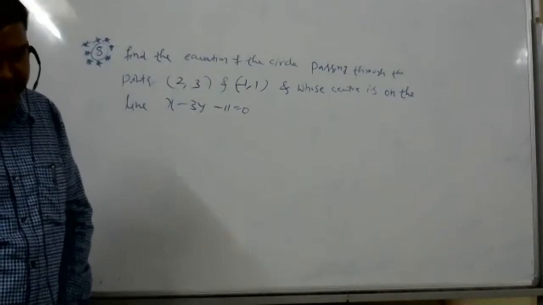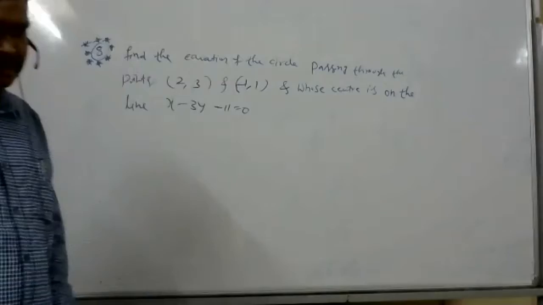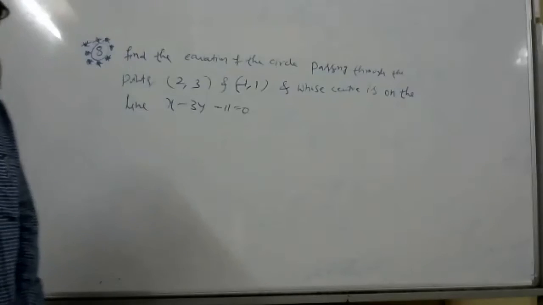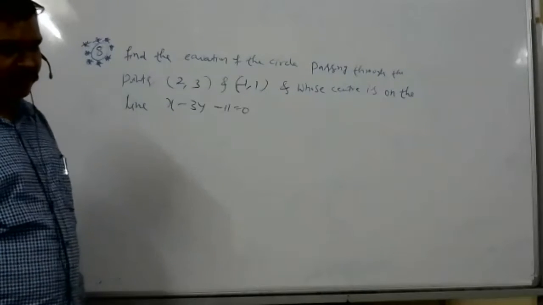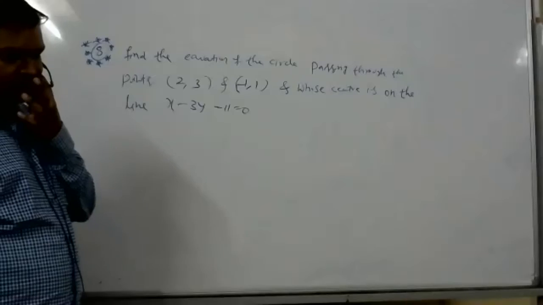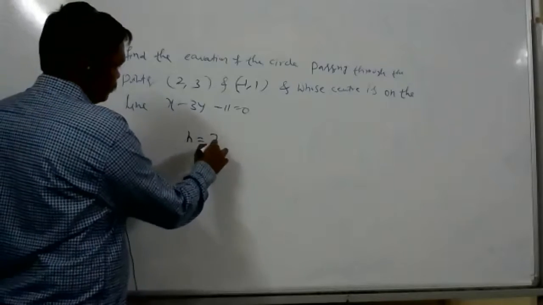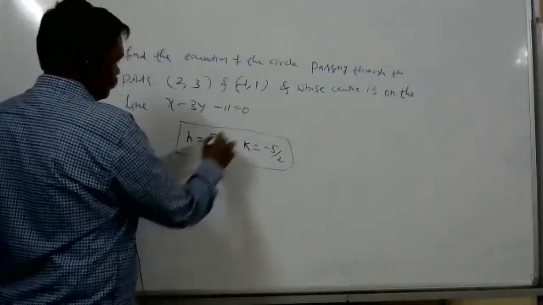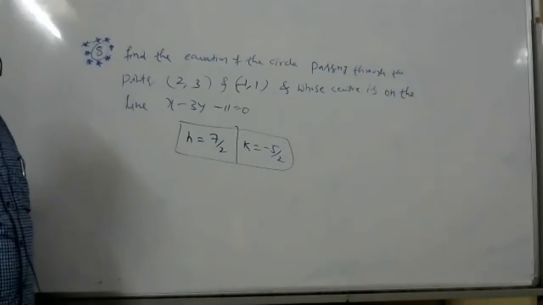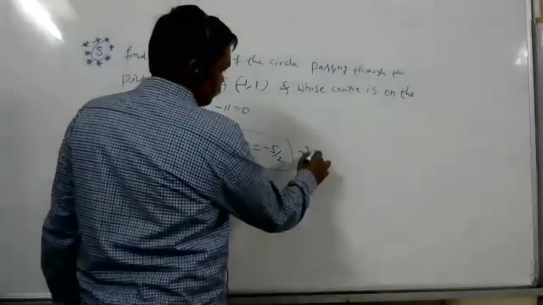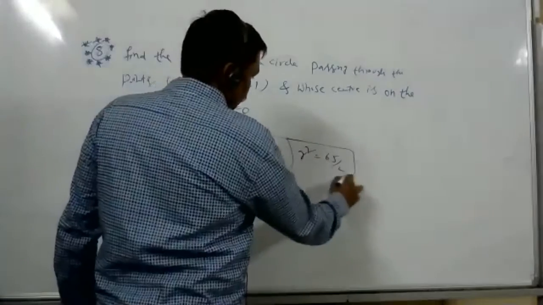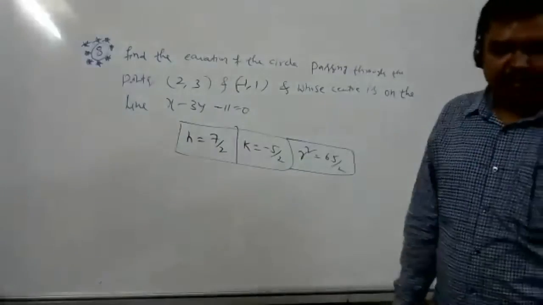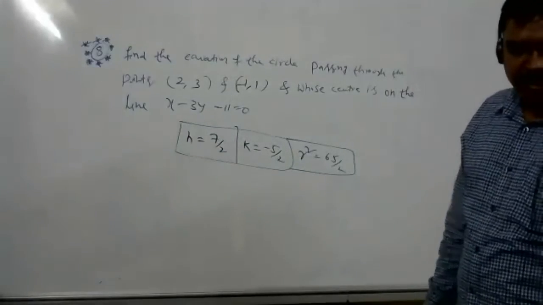Completed? H value 7 by 2, K value minus 5 by 2, R square 65 by 2.